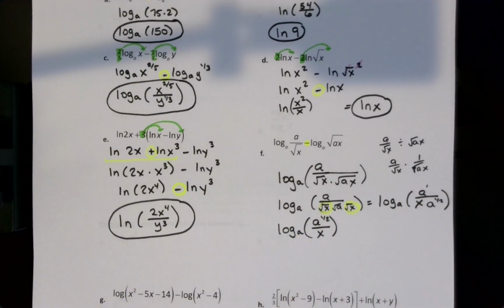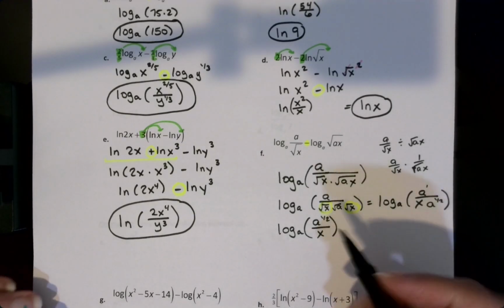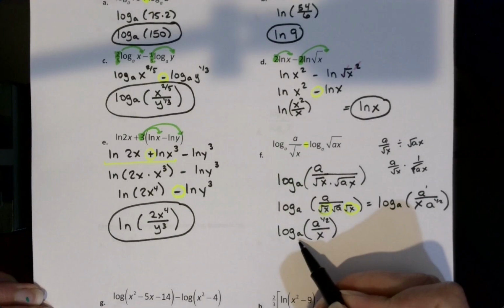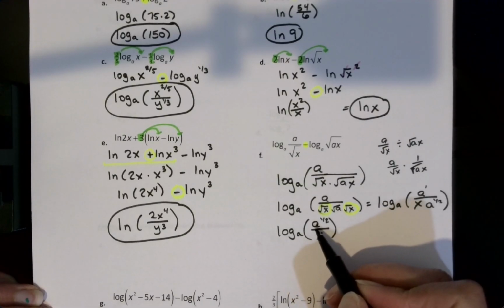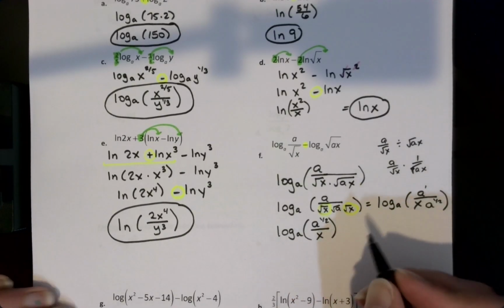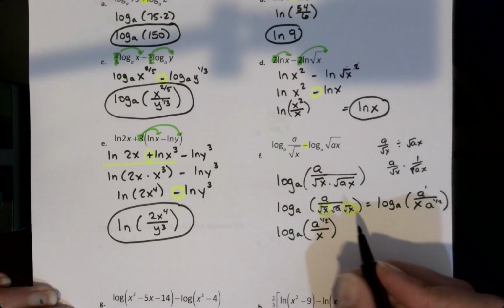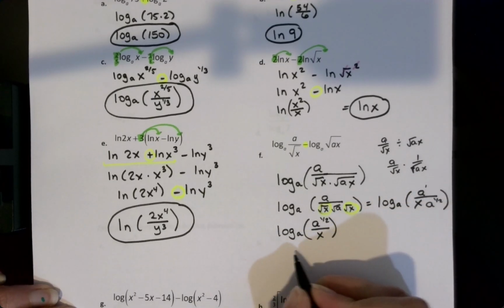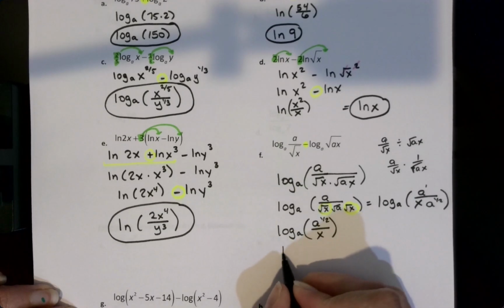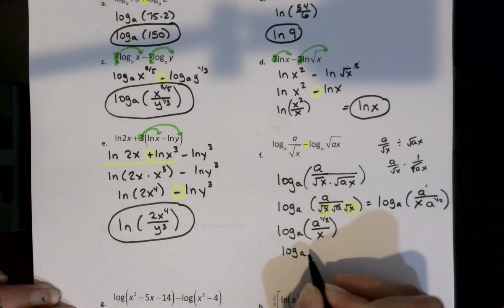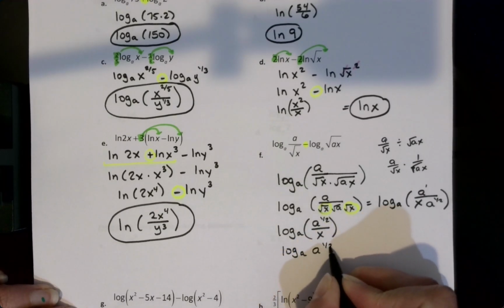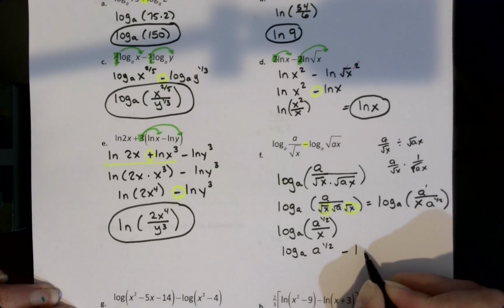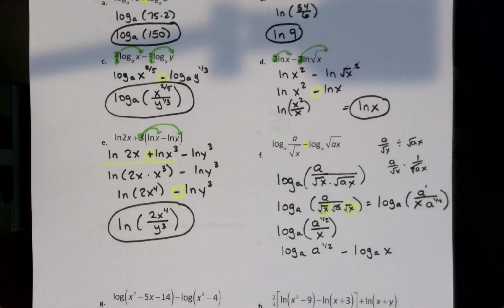I have a single collected logarithm, but unfortunately it's not simplified. And it's not simplified because the base is a, and one of my arguments also has a base that is a. So unfortunately, we do have to re-expand this now. When I re-expand this, that subtraction is going to turn into log base a of a to the 1/2 power minus log base a of x.